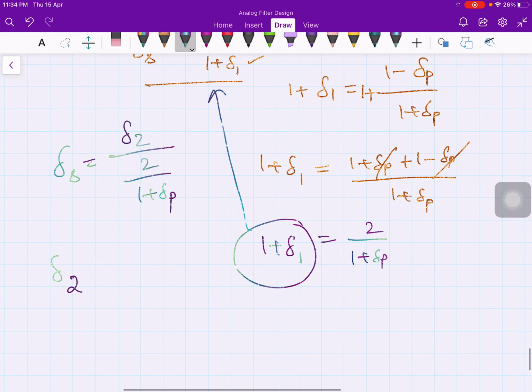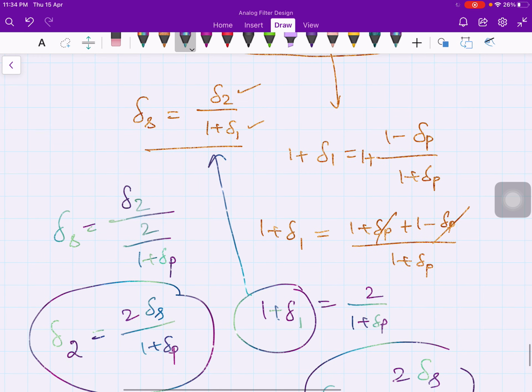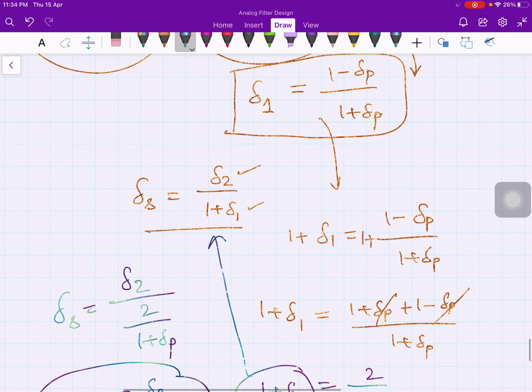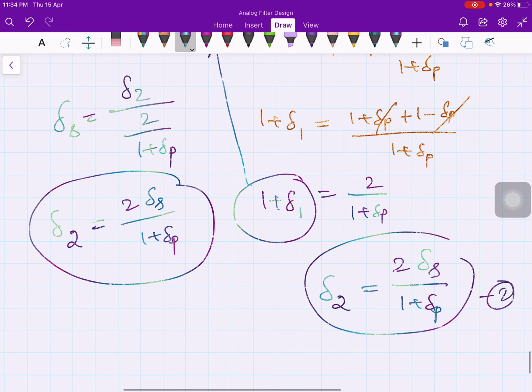Delta 2 is equal to 2 times delta S divided by 1 plus delta P. That's it. So delta 2 I got. Delta 2 is 2 times delta S divided by 1 plus delta P. And then delta P, where is it? Delta 1. Yeah, let's say this is equation number 1. Delta 1 and delta 2 I got it.